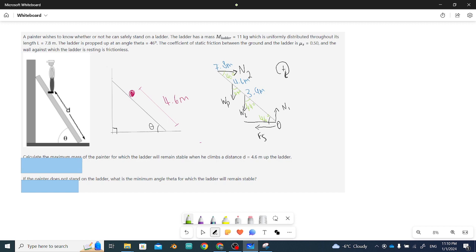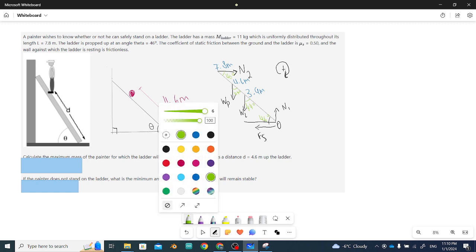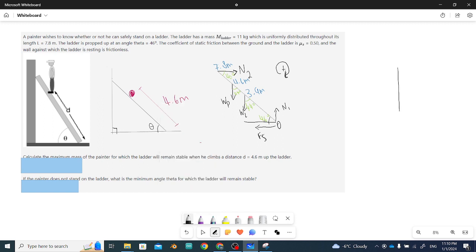So let's also draw a free body diagram. Might as well do it now. So I'm just going to do it over here. I'm just going to write X here, Y here. Now, all the forces have to be on this diagram. Even if they're on the origin, they still matter.